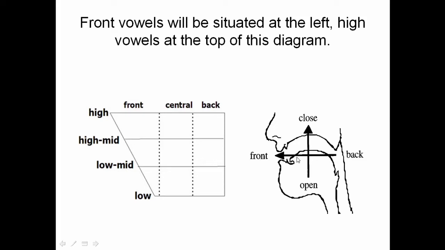This is its horizontal dimension, and this is its vertical dimension. Depending on this, you can have a front vowel, a central vowel, or a back vowel. This is the central or middle part of the tongue, and this is the front part of the tongue. This side is a little longer than this one, because this is close to the upper jaw and this is close to the lower jaw. The lower jaw is a little shorter than the upper jaw.